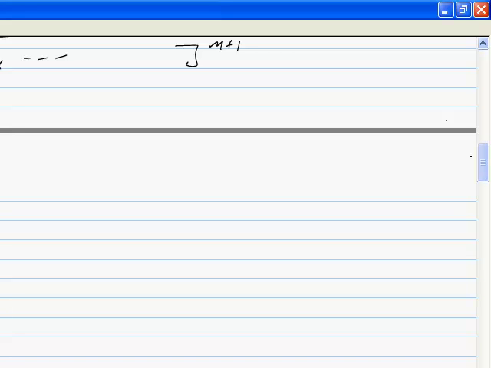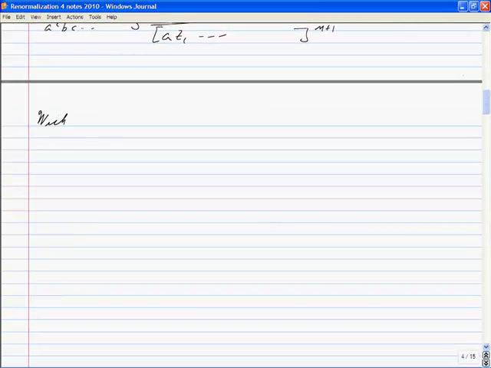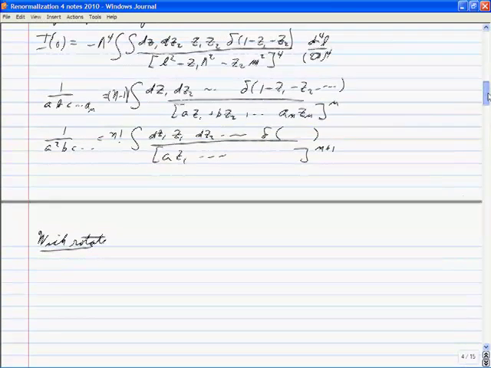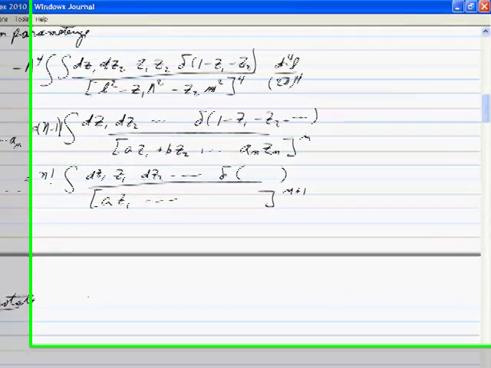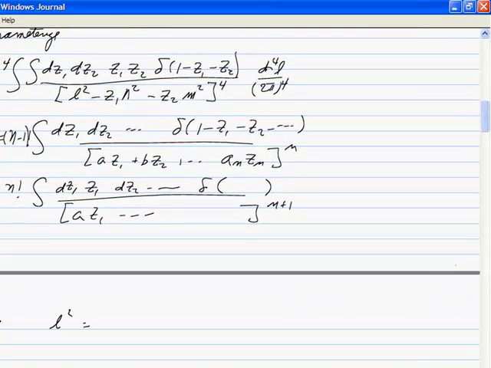The second step is Wick rotate. Okay. The trouble with the integral up above there is we have L squared, which is L0 squared minus L vector squared.